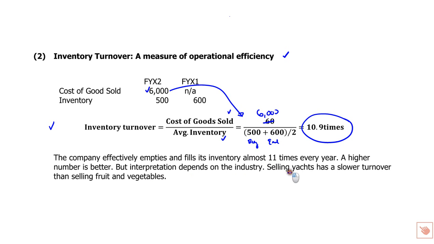So, if you're in an industry that sells yachts, that's a slow turnover industry. If you sell battleships, slow turnover. But if you sell groceries like fruits and vegetables, high turnover. Okay, but higher is better, given your benchmark. All right, so that does it for Chapter 6.